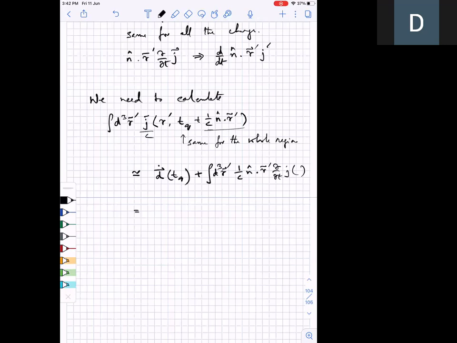So this is basically, if I look at like this, I can take out my del t outside because I'm neglecting the small differences between each of them. Plus 1 by c d dt of d cube r n cap dot r prime j.